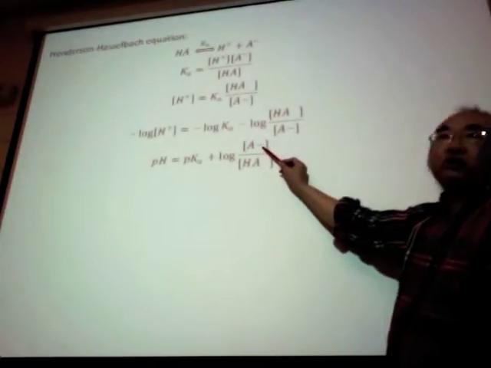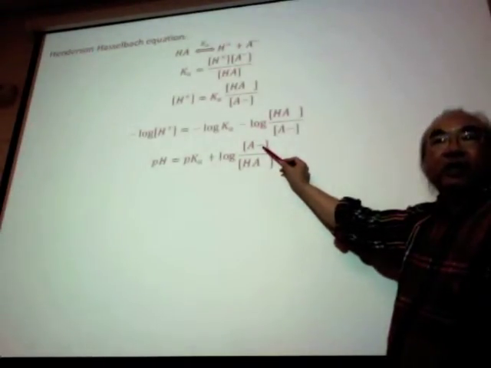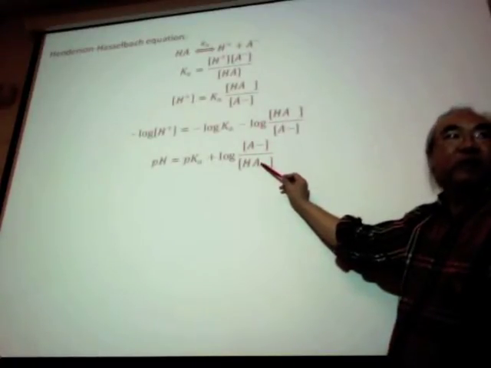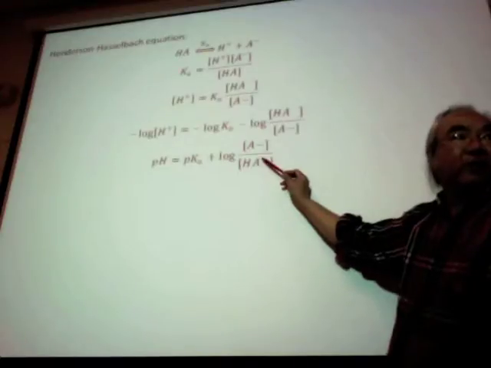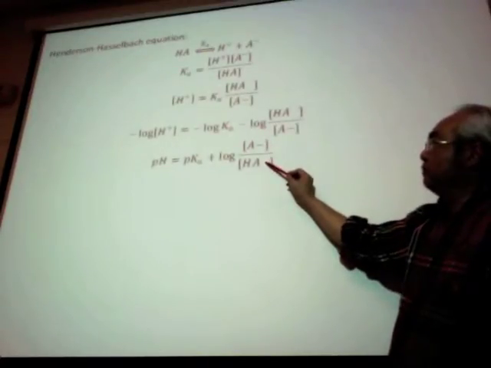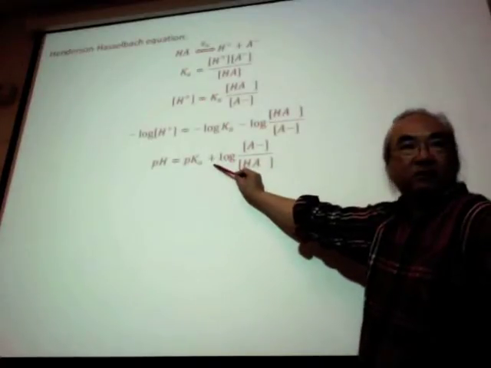So this is your salt, the chemical externally added, and this is the corresponding acid externally added into the same solvent. Salt over acid, and it's a plus.